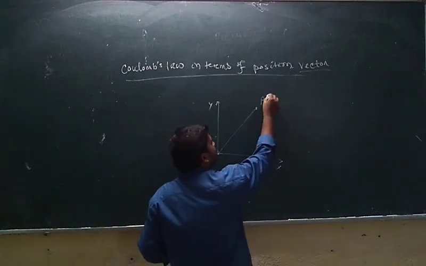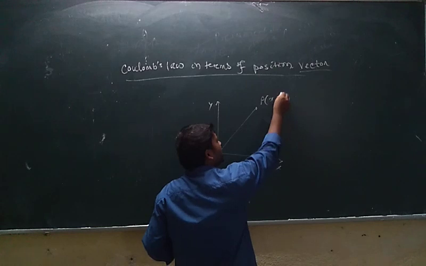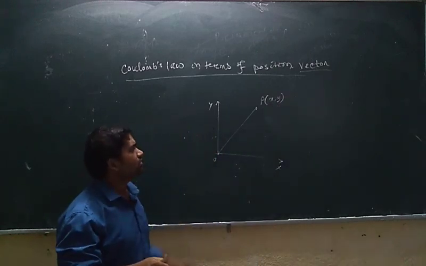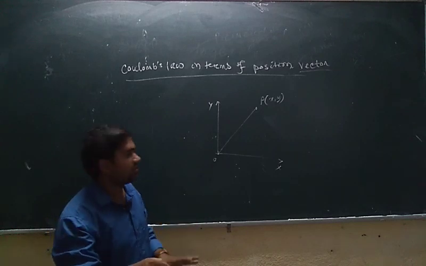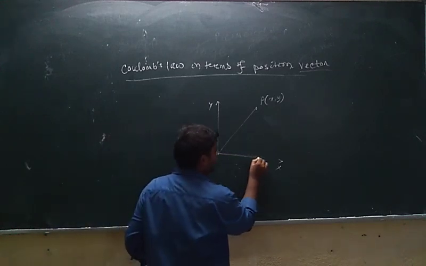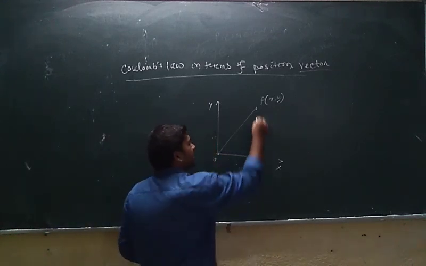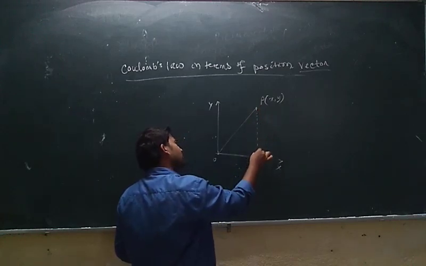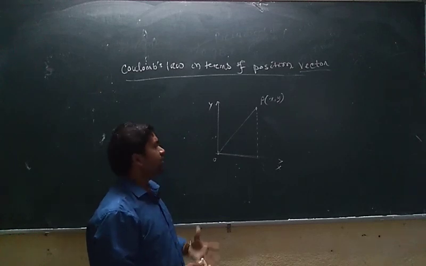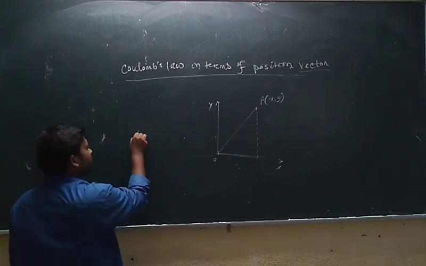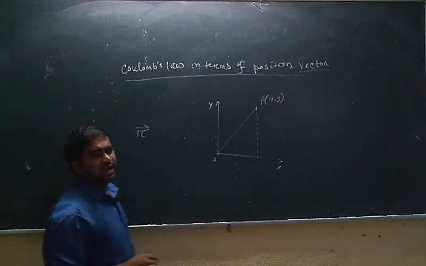The coordinate of the point P, since it lies in the xy plane, will be P(x, y). That means we move x distance along the x axis and then y distance along the y axis. So when we write the position vector, generally we denote it as r vector.